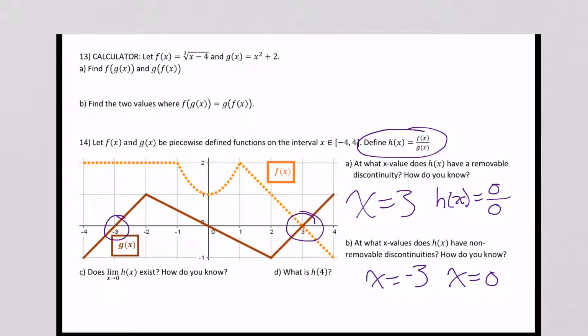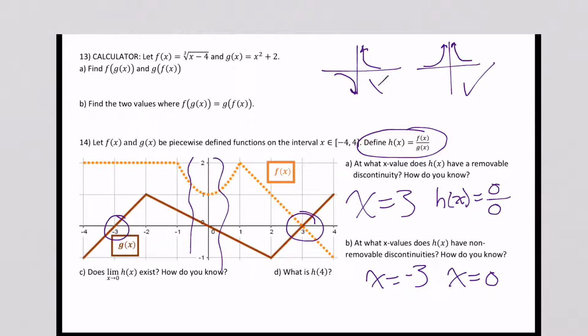So all we need to know is, does the limit exist at that vertical asymptote? And remember, there are two different main types of vertical asymptotes. There's a vertical asymptote like a 1 over x graph, where on either side of the asymptote, your tails go to opposite infinities. And then there is a vertical asymptote like a 1 over x squared graph, where on opposite sides of the asymptote, both tails go to the same infinity. This limit would exist, this limit would not exist.